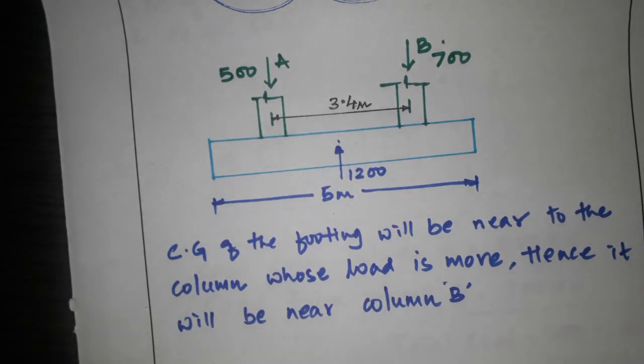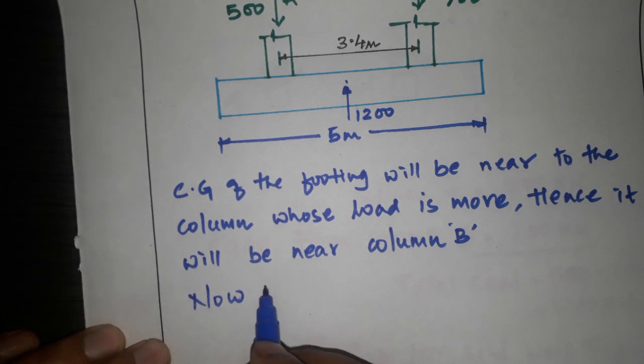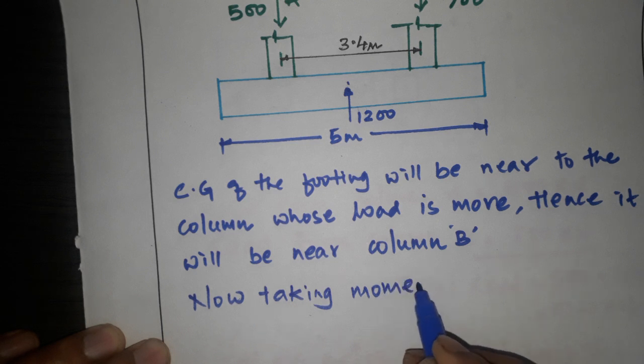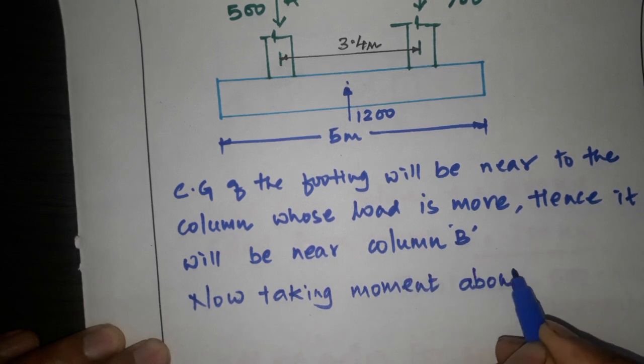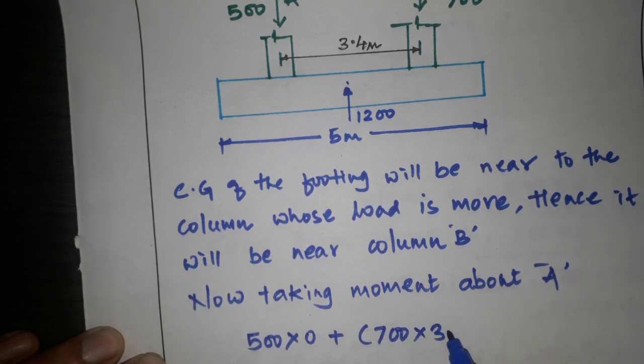So we have A and B, using Varignon's theorem, taking moment about A. Taking moment about A, that is 500 into 0 plus 700 into 3.4 is equal to 1200 into x bar.